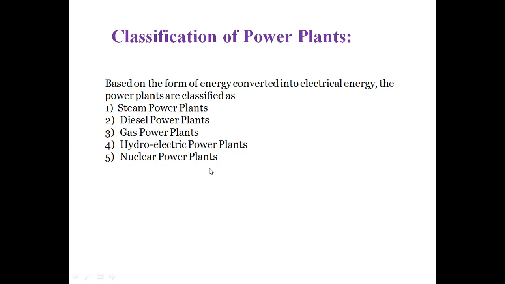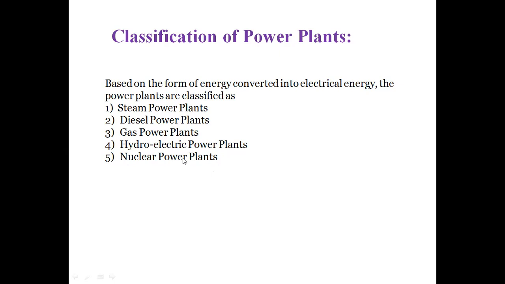And next one is the nuclear power plants. The basic difference between the nuclear power plant and the steam power plant is that in steam power plants, we use boilers for the heating of water, and in nuclear power plants, we use the reactor.